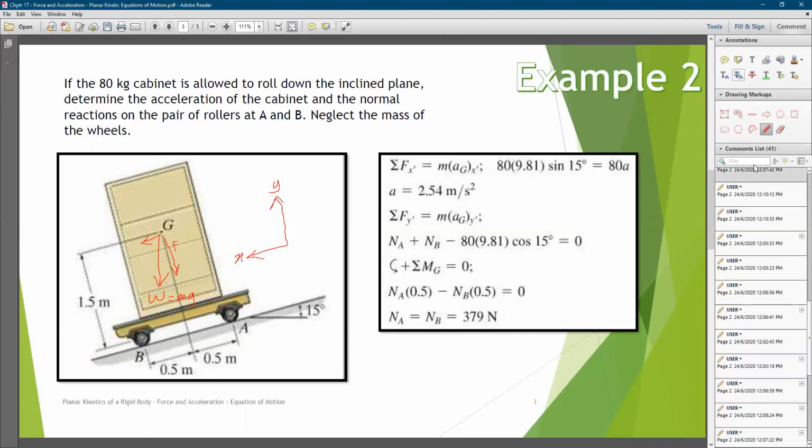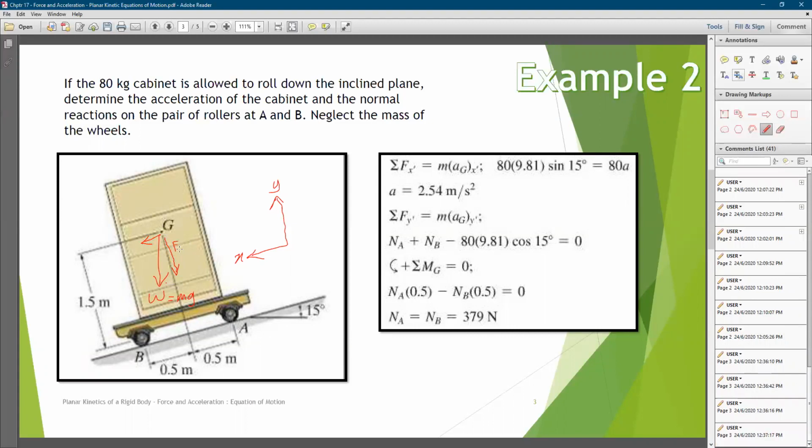Let's say this is our y and it is our x, where we can say that Fx is equal to W, and from here we can see that the angle is 15 degrees, so W cos, oh sorry, for the x direction it should be sine.